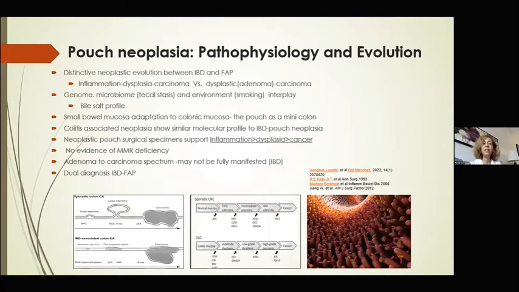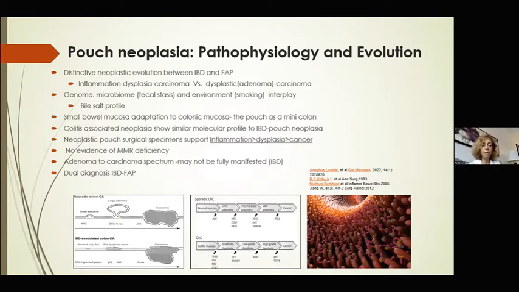So as you've heard yesterday from Dr. Church and from Dr. Ko just now, both IBD and FAP carry high risk for cancer in general and in the pouch. The evolution of pouch neoplasia differs in these two conditions. So in IBD, we have the inflammation-dysplasia-carcinoma sequence, while in FAP, we have the classic adenoma to carcinoma transformation.